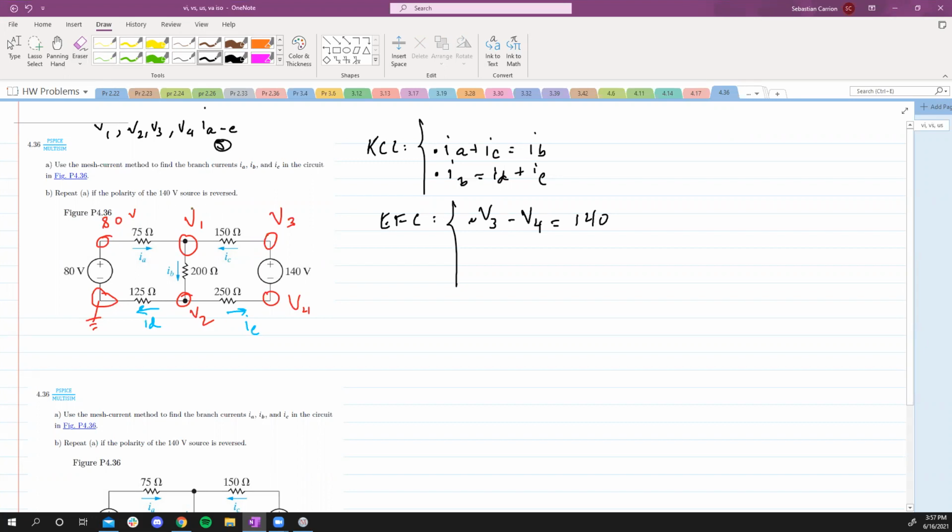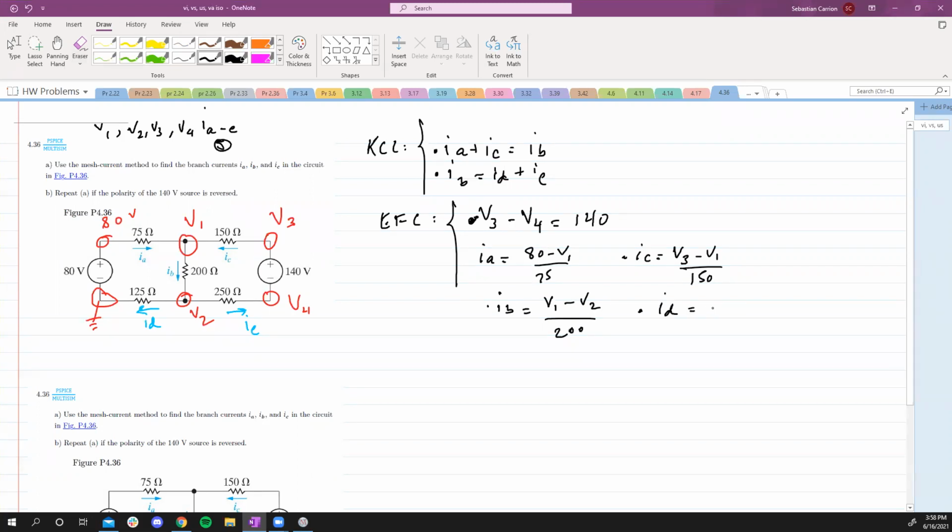So there should be 9 equations, I believe. Since V3 minus V4 equals 140, then we can say IA equals 80 minus V1 over 75. IB equals V1 minus V2 over 200. IC equals V3 minus V1 over 150.